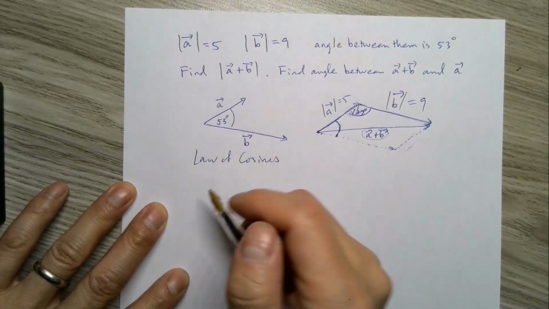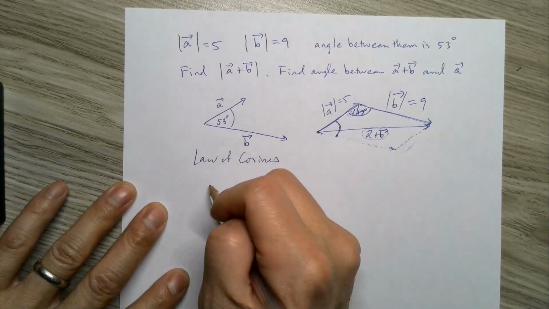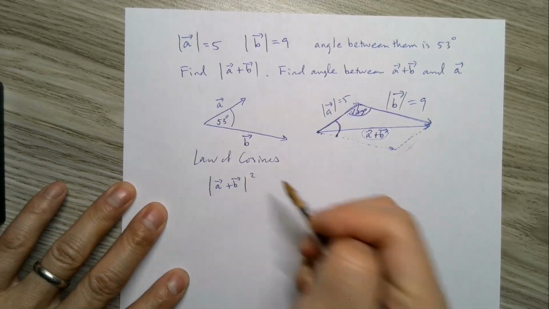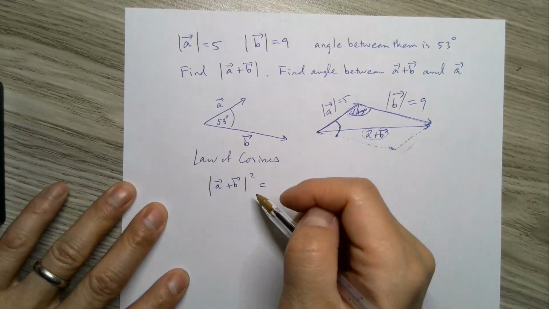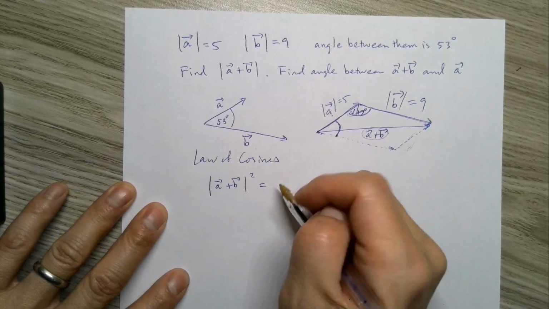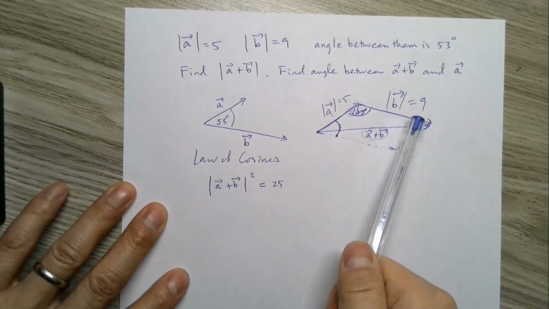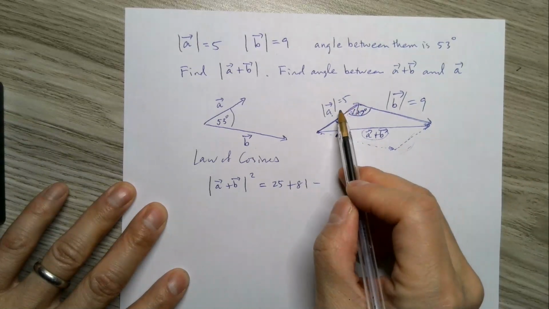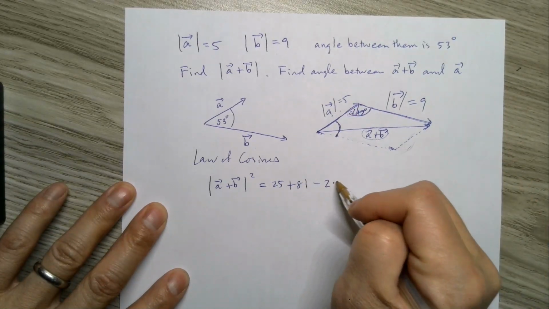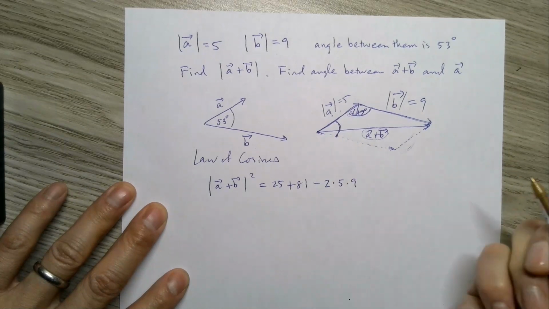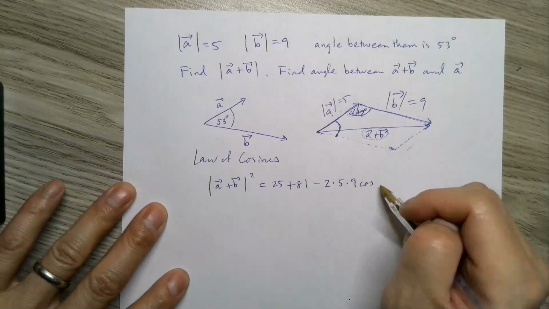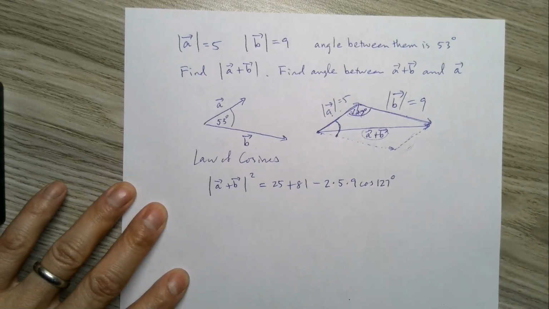So law of cosines tells me the square of this side squared is this side squared plus this side squared minus 2 times this side times this side, 2 times 5 times 9, times the cosine of this angle, 127.